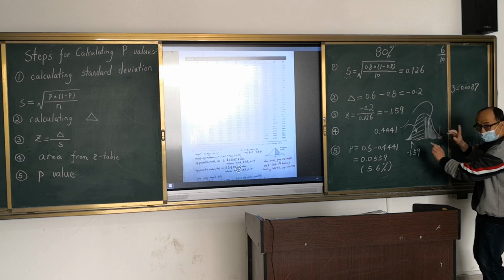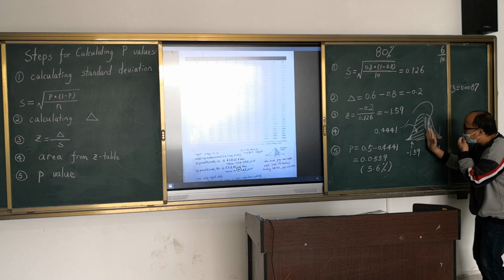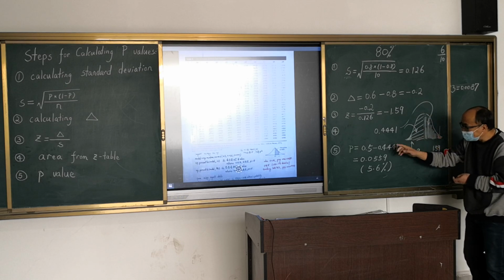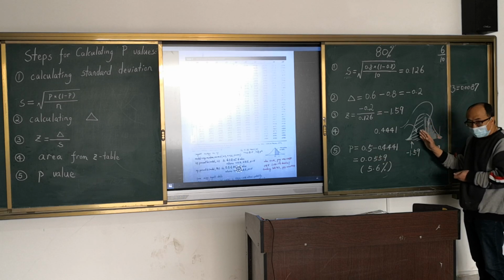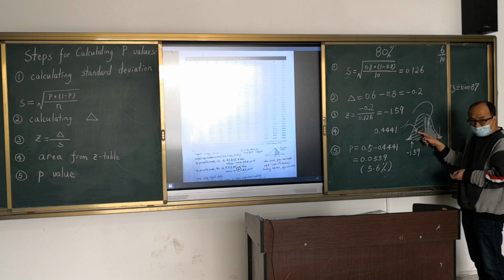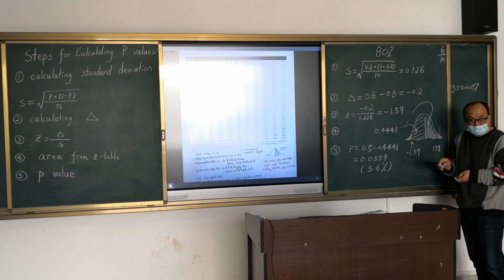The total area is 1, or 100%. Half the area is 50%, or 0.5. So we are working on the area, and the 0.5 minus the table reading gives the green tail. That's this green tail.